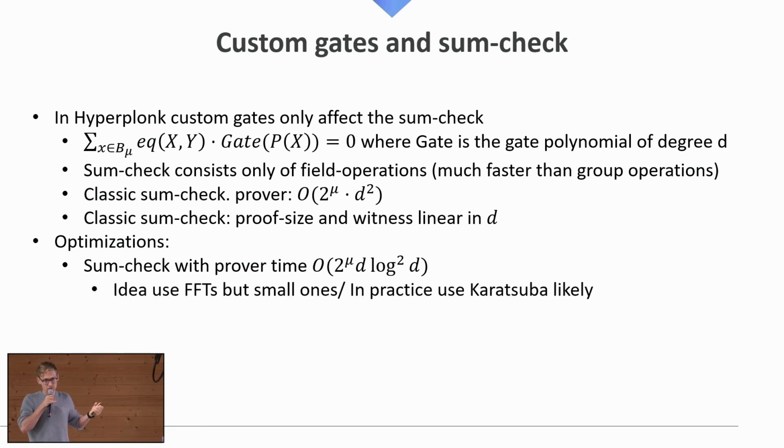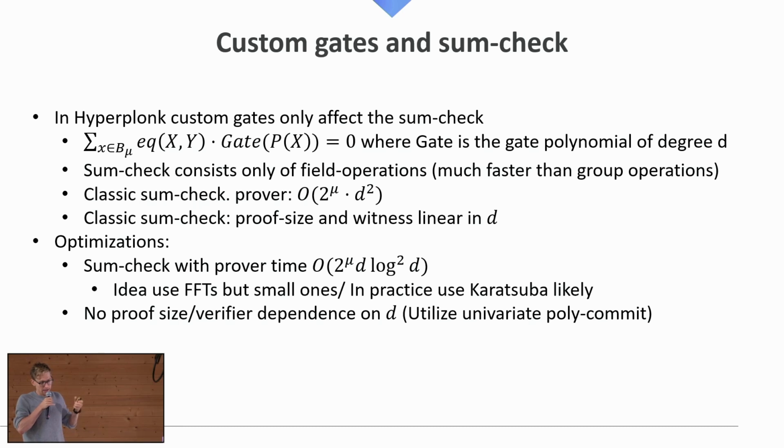There again, we do resort to some FFTs, but some really small ones, right? They're only over D, not over 2 to the mu. And also the proof size and the verifier dependence on D, we basically are able to completely remove that by simply committing to the polynomials that are being sent in every round.